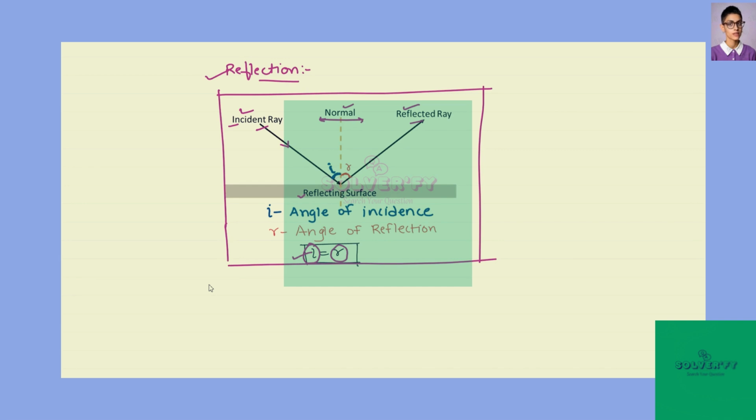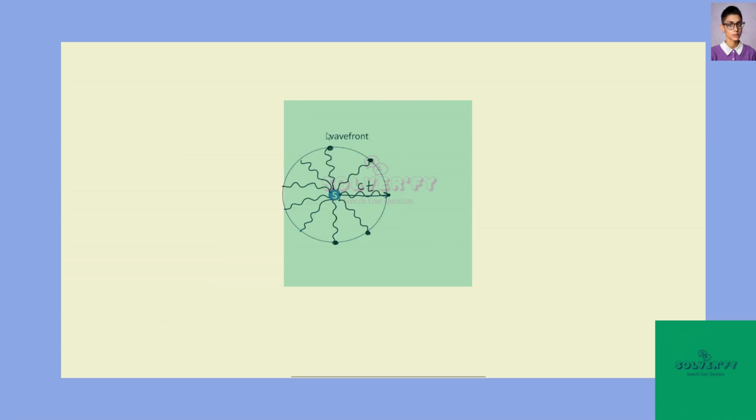As Huygens principle is related to the wavefront and formation of wavefront, again we should know the meaning of wavefront. So let's see what a wavefront is. In this figure you find a spherical wavefront. If we consider a source of light in an isotropic medium, then light rays travel from the source in all directions with the same velocity, let's say c. In time t, how much distance will these rays travel?